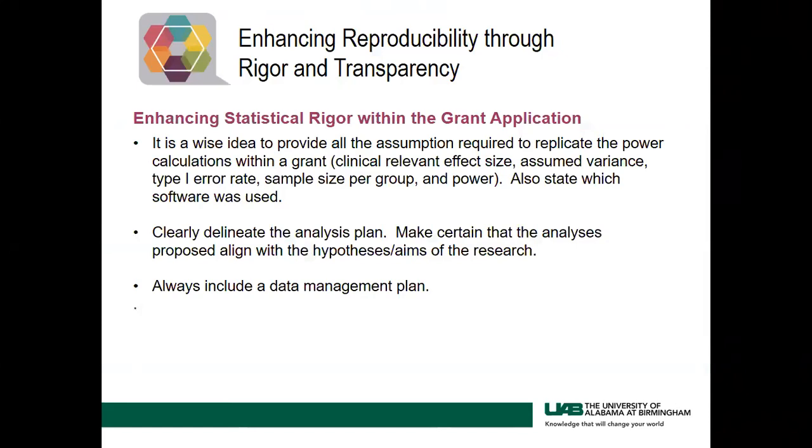Another issue in the literature is you contact people and say, can I have that data set? Can I look at that? And they say, we don't have it. What do you mean you don't have it? You published it.